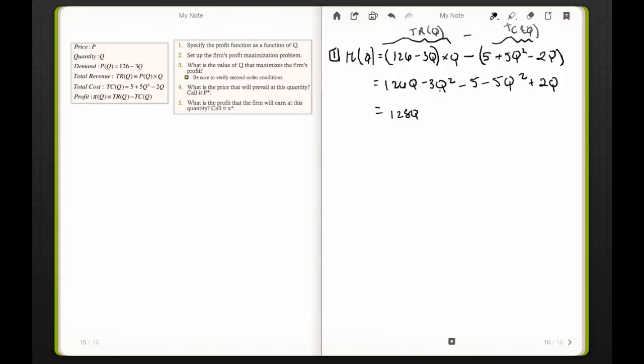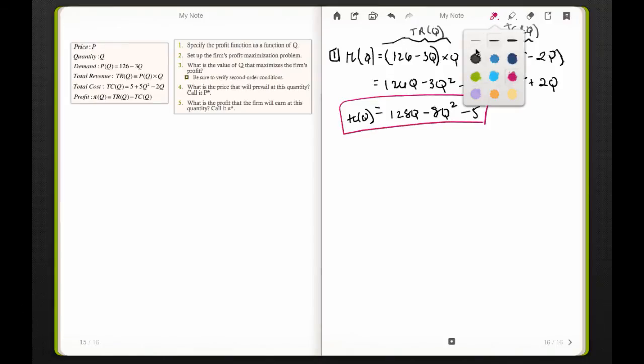And then minus 3Q squared minus 5Q squared, so I'm just combining like terms, is minus 8Q squared and then minus 5. So this is what I get for my profit function. Let me put a box around this with a different color. This is my final form of the profit function.